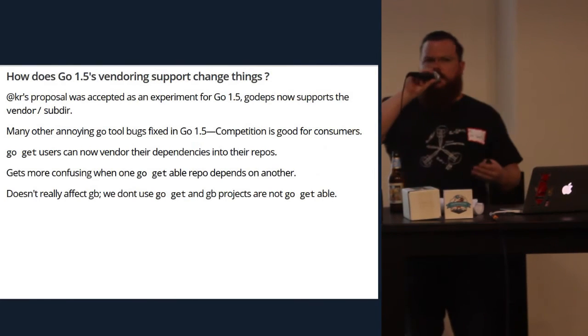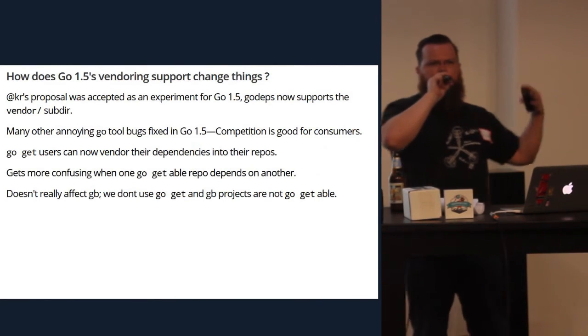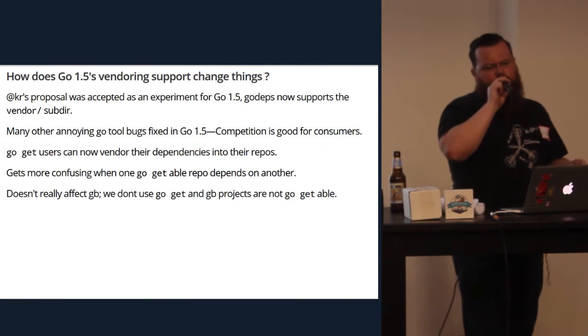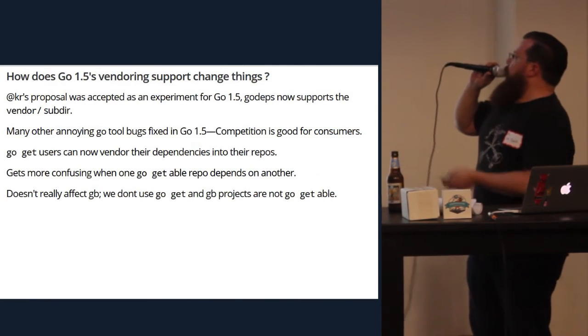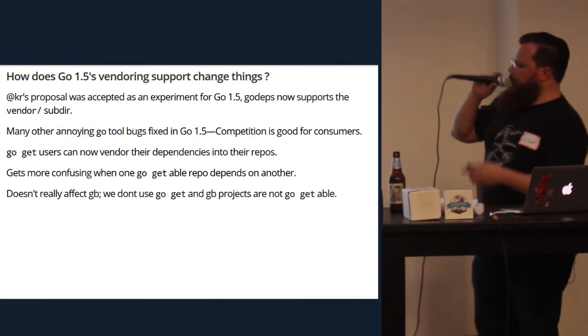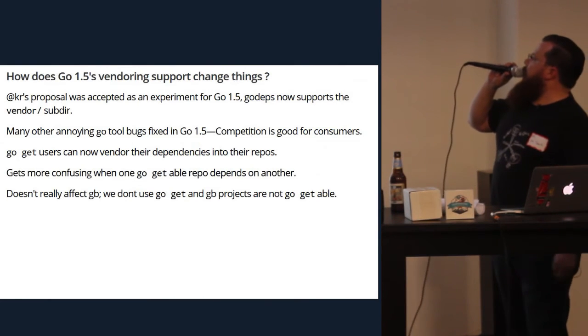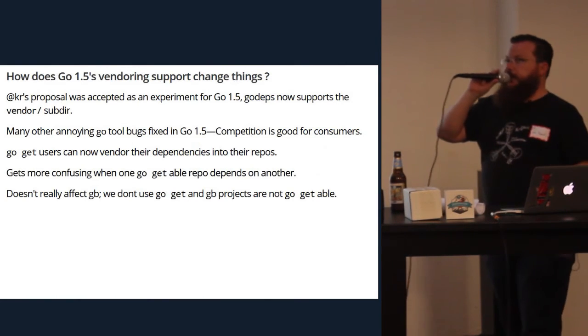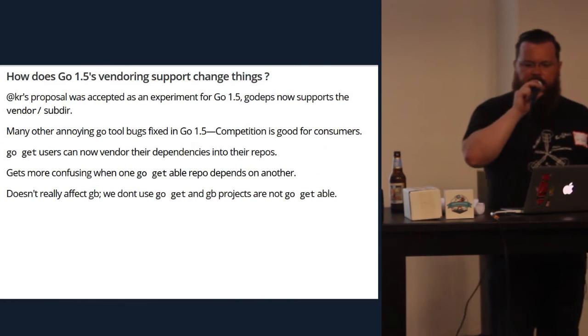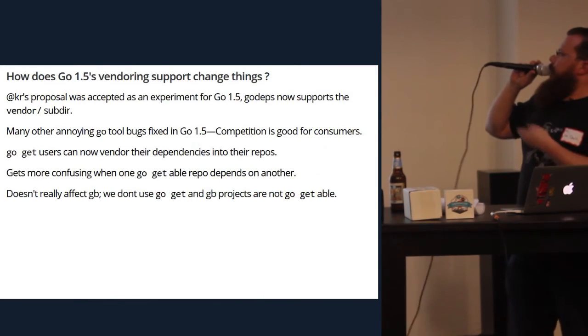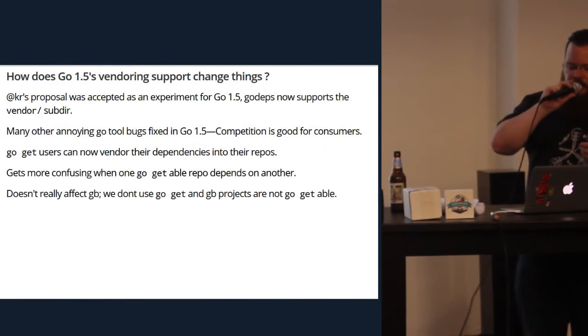We still have our own idea of having a project-based approach rather than a workspace. So this is great, especially all the annoying bits that have been fixed with the Go tool. You get them for free. You don't even have to use GB. But in terms of how this impacts what we're doing in GB, not a great deal.